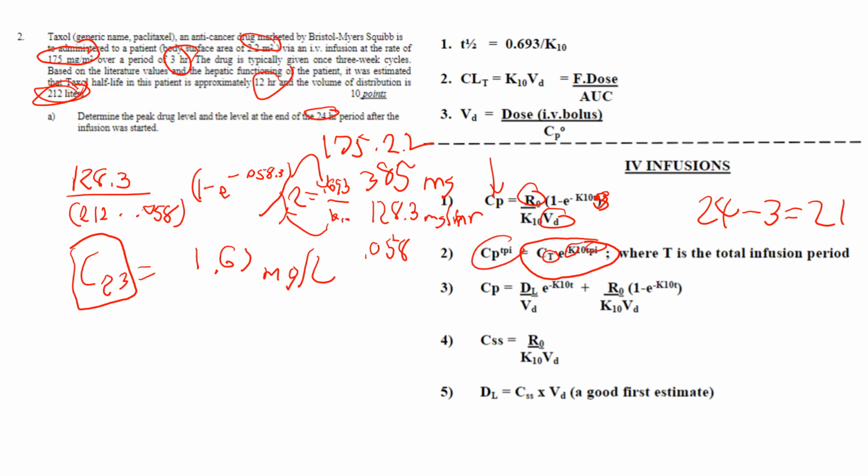So we're going to do 1.67 e to the negative 0.058. Then T is 21 hours. That'll just be our final equation. I'm going to box this in too, just so we remember that was one of our answers. Times e to the negative 0.058 times 21.